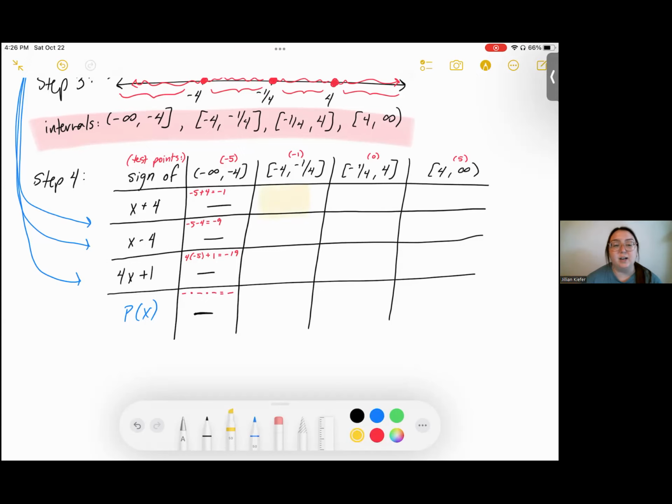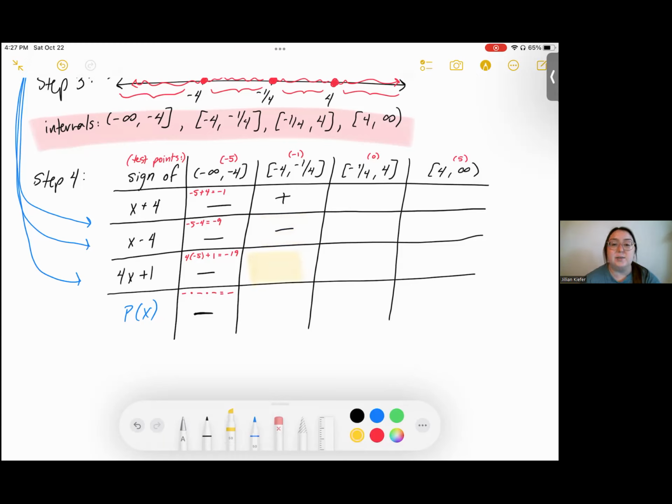We're going to have -1 plus 4, that'd be +3, so that's a positive number. Then on our next box, we've got -1 minus 4, which would be -5. Don't care about the value, just that it's negative, so that factor would be negative on the interval.